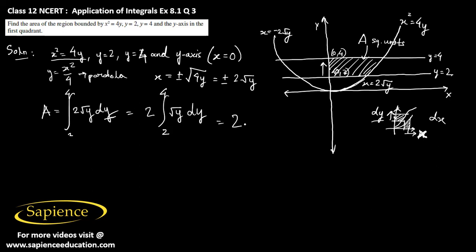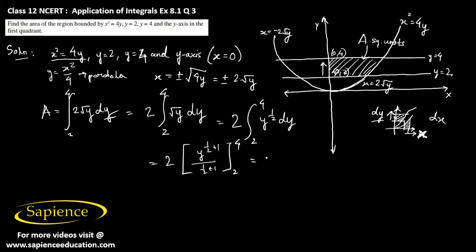Okay, so that will be 2 integral y power half dy, 2 to 4. So that will be 2 times y power half plus 1 divided by half plus 1, going from 2 to 4. So that will be 2 times y power 3 by 2 divided by 3 by 2, and the limits are 2 to 4.